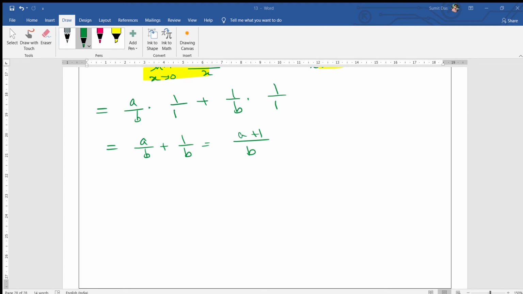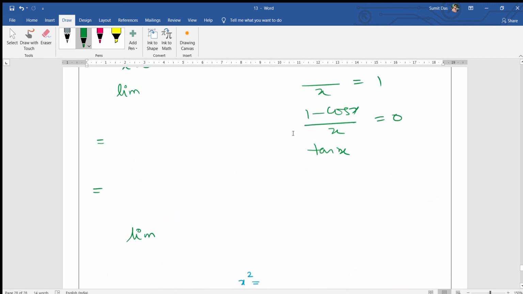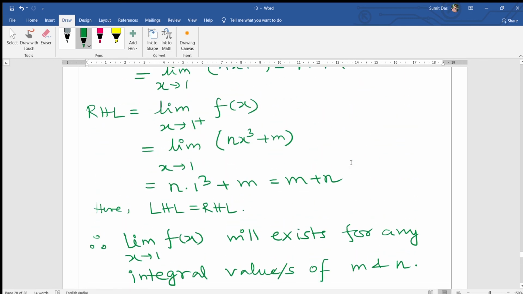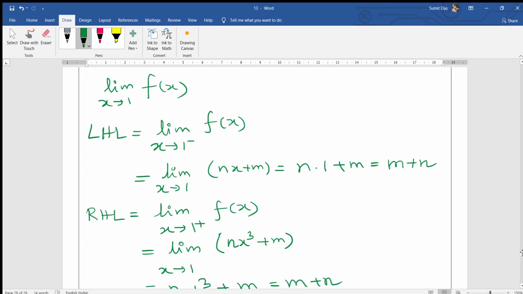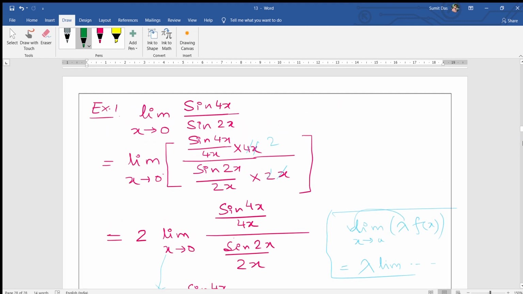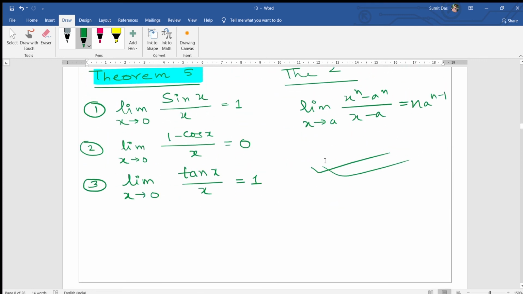So basically in this limit chapter, whenever the question comes in trigonometry, we have to remember these three limits: sin x by x, 1 minus cos x by x, and tan x by x.